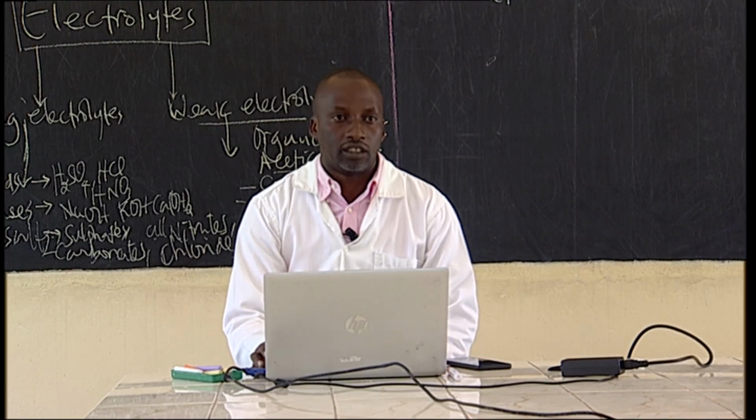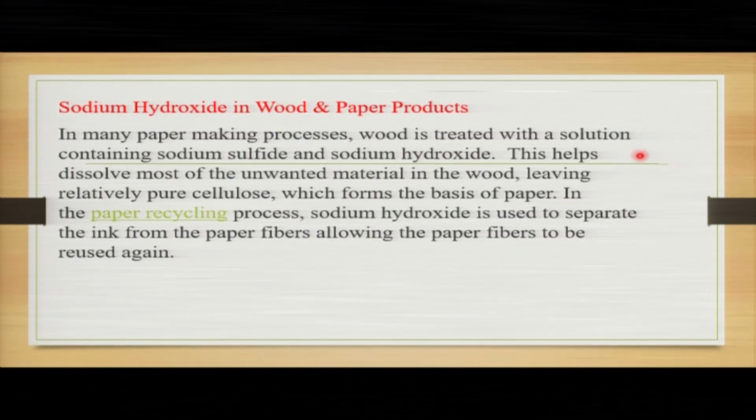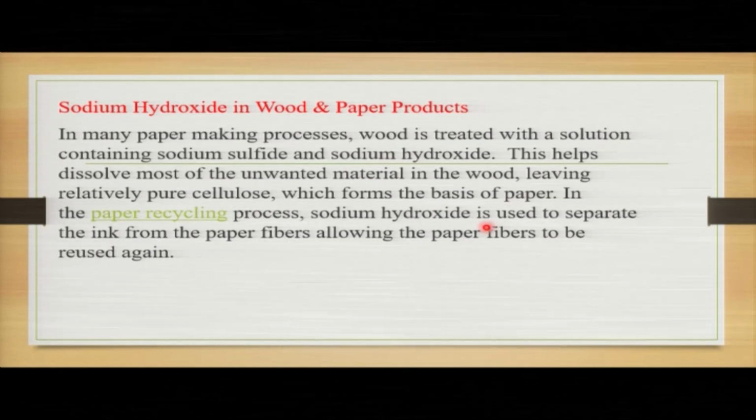In wood and paper products, when we are making paper in the pulp industry, sodium hydroxide is also applied. It is in the paper recycling process as well. It is used to separate ink from the paper fibers, allowing the paper fibers to be reused.